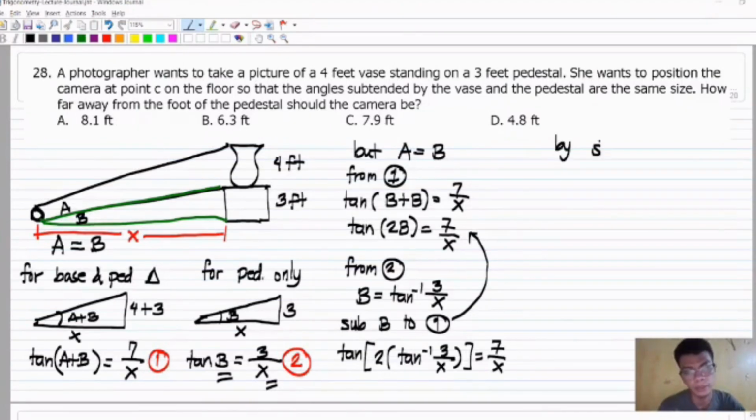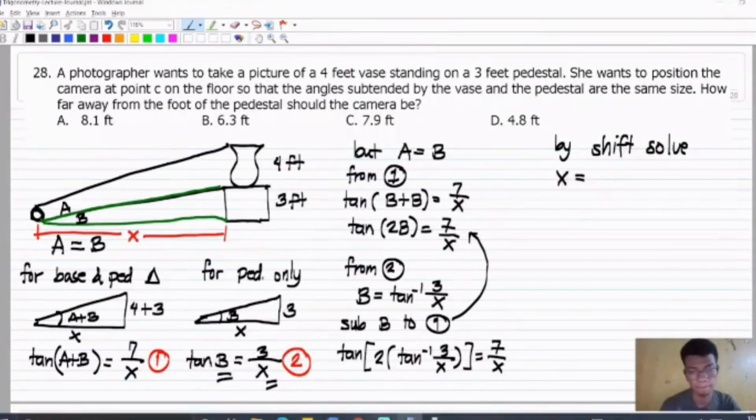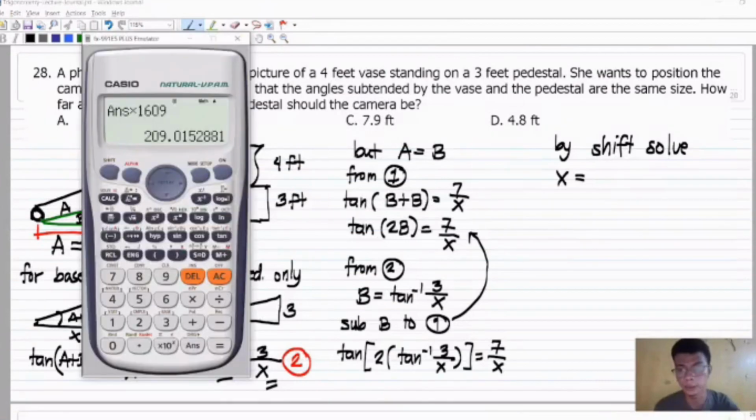And by shift solve, makukuha na natin ang hinahanap natin sa problem na value ni x. So, gamitin natin yung ating shift solve. So, tangent 2, and then yung maglagay pa ulit tayo ng parenthesis para sa laman ng B, which is the arctangent of 3 divided by x. And this is equal to 7 over x.